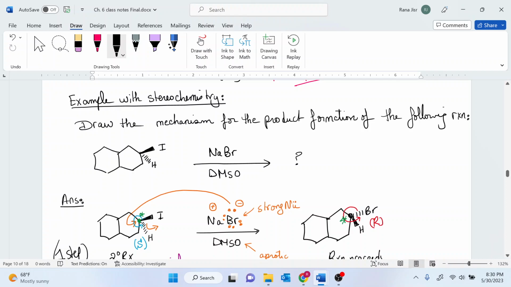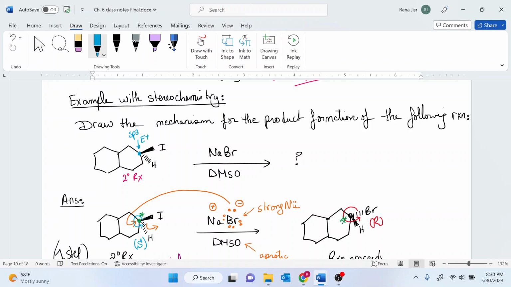This reaction is an SN2 reaction because I'm starting with a secondary alkyl halide. I am having this carbon here, which is the electrophilic carbon, and this is going to be my sp3 hybrid carbon.